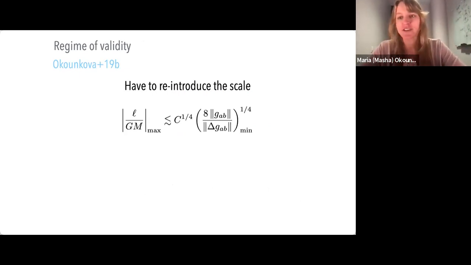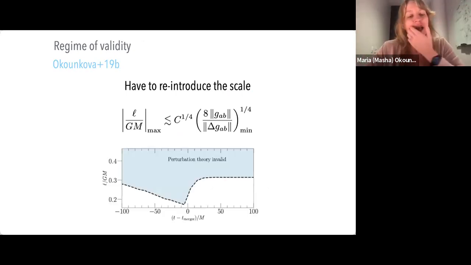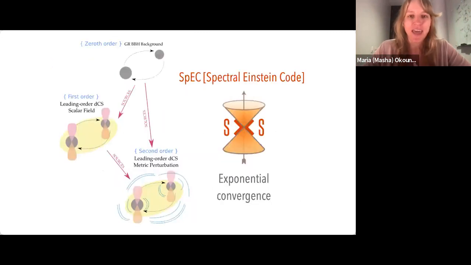My leading order correction to the metric cannot be greater than my spacetime metric because then I'm not in a perturbative regime. And so we get what's known as an instantaneous regime of validity, where as a function of time, you get allowed values for your beyond GR coupling parameter such that you're still in a perturbative regime.